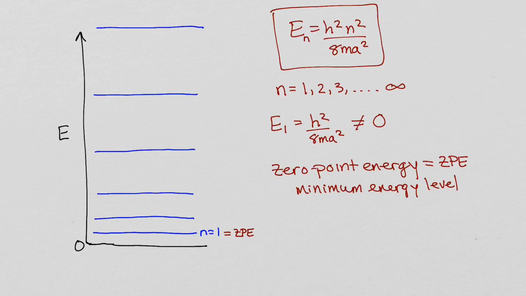One thing I want you to do at this point is to see if you can picture how your energy level spacings, how your delta E's for these different excited states, will change as you change different factors in your energy equation.